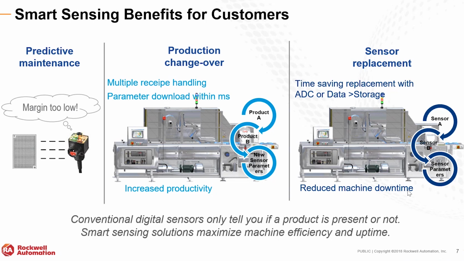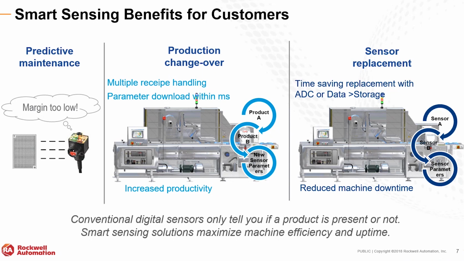So predictive maintenance is one thing, but looking at the other two bullet points here, production changeover is a key area. For example, think about a packaging line in a food company.